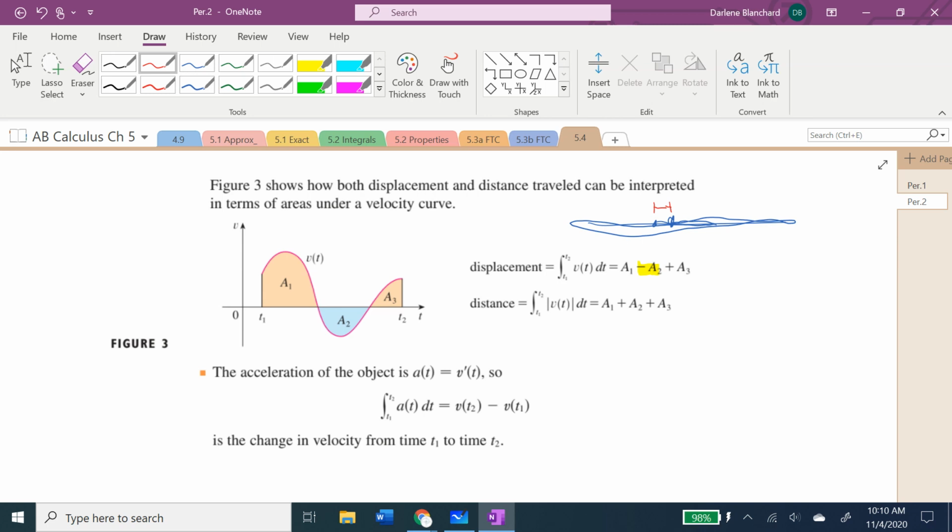That's it. It is just flat out your position at time 2 minus your position at time 1 to give you your displacement, where S represents position. But if you want to know how far you actually traveled, you need to integrate speed.